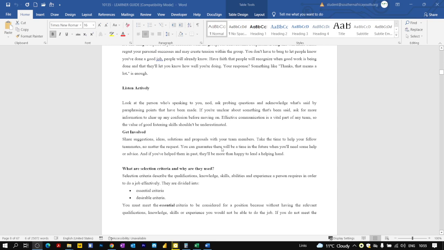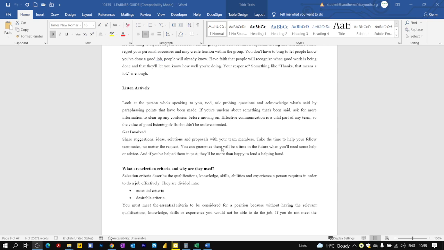Another thing you need to do is listen actively. Look at the person who's talking to you, nod, and ask questions to acknowledge that you are actually getting what they're saying, because some people just listen so that they can respond. They're not really listening, they're just waiting for their chance to speak, so they don't consider what other people are saying. It goes hand in hand with considering other people's ideas.